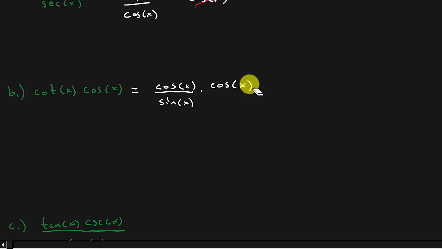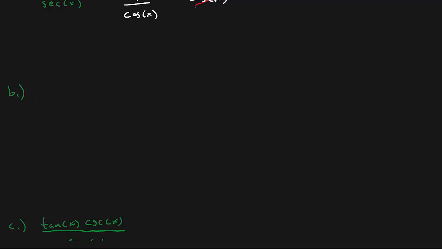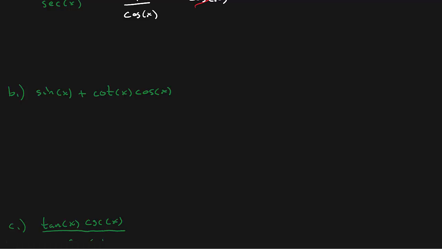Okay, you know what? When I copied this down for the video, I copied the problem down wrong. I thought it looked kind of funny. I've got cotangent times cosine, but it should be sine plus cotangent times cosine. There we go. All right, so let's do this one.